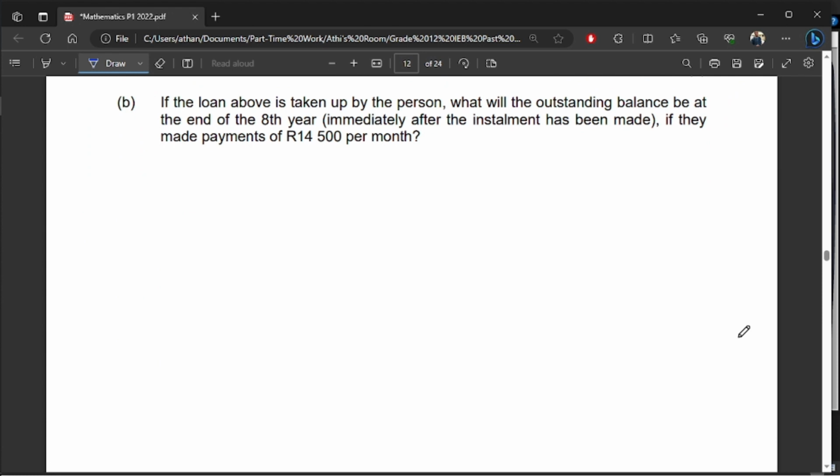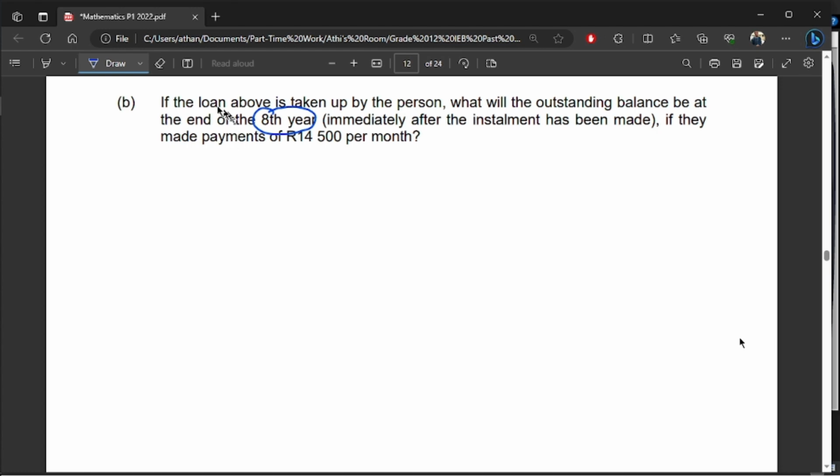Question B, if the loan is taken up by the person, what will the outstanding balance be at the end of the 8th year, immediately after the installment has been made? If they made payments of 14,500 per month, basically here guys, they are manipulating our value of n.